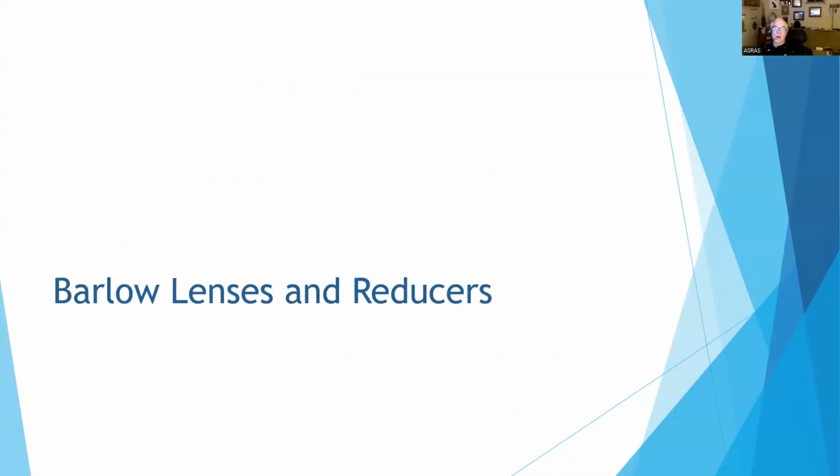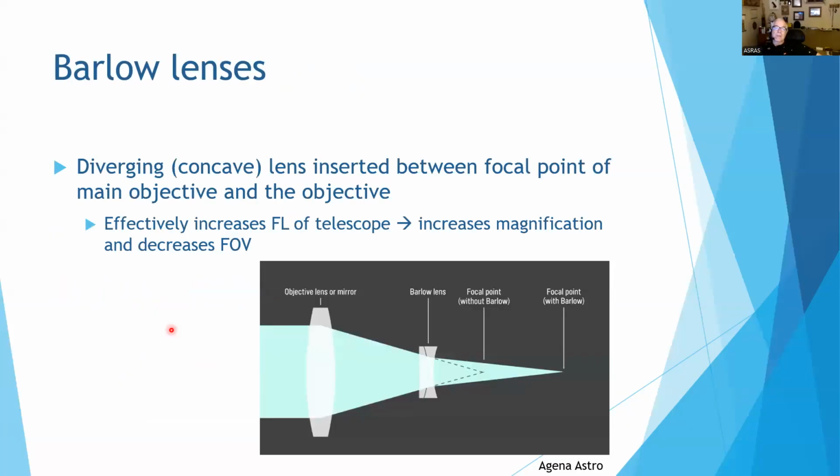All right, next I want to talk about Barlow lenses and reducers. Most people who buy sets of eyepieces will have at least one Barlow lens, if not a reducer. A Barlow lens is a diverging lens that's inserted between the focal point of the main objective and the eyepiece. So here's a refractor, we'll say. Here's the main objective, and without this Barlow lens in there, the main objective focal point is here.